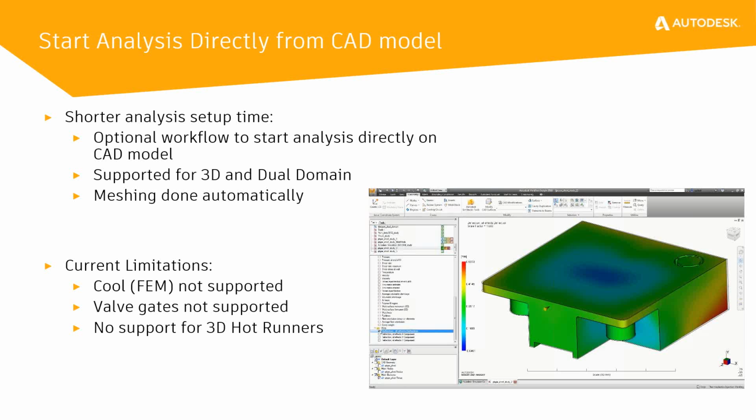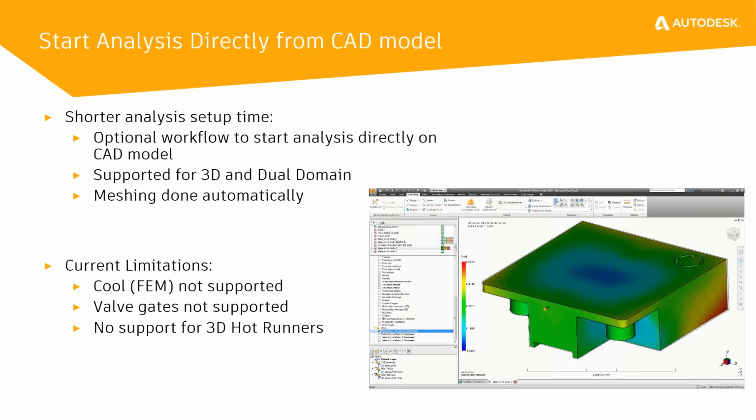There are still some limitations in terms of things like Cool FEM, which is not directly supported. Valve gates are not supported in this particular workflow, nor are 3D hot runners. Valve gates have to have boundary conditions set up on the last elements of the gate, and that causes issues in terms of the mesh preparation if we were to have a fully CAD-based workflow.